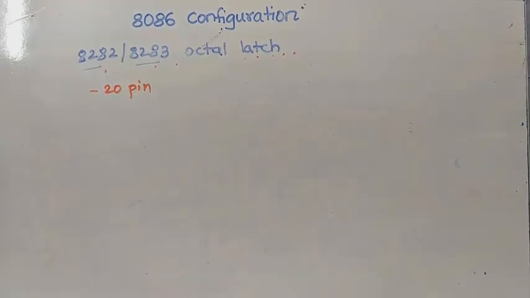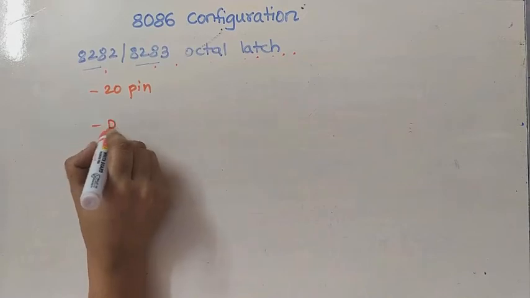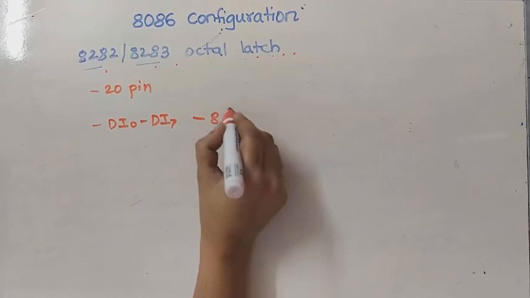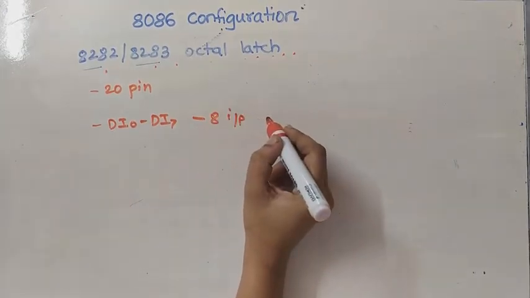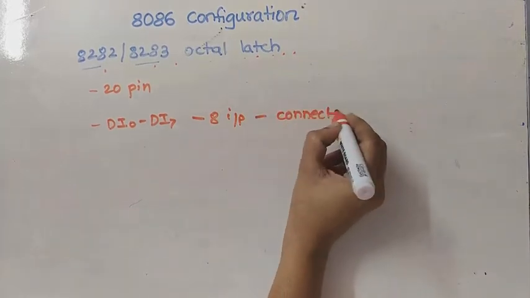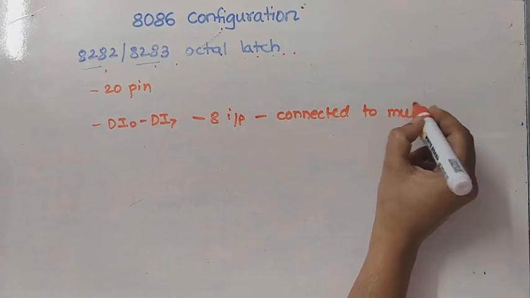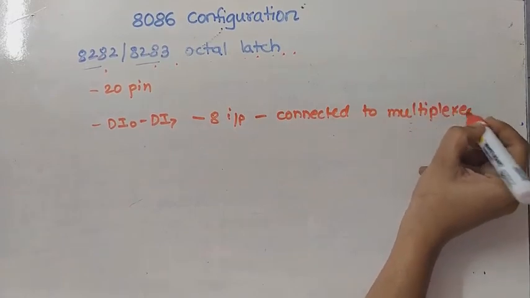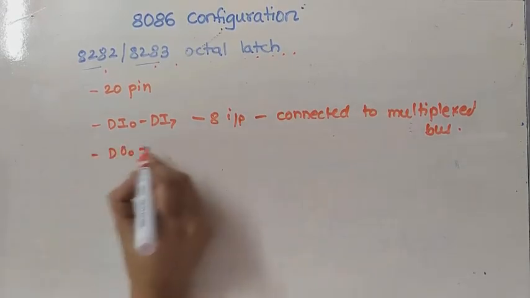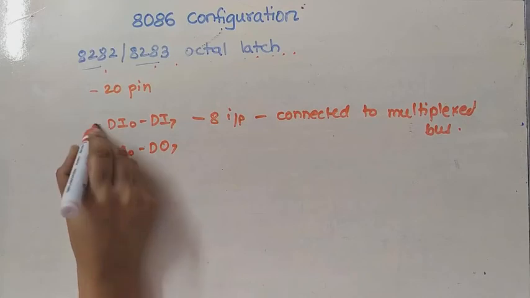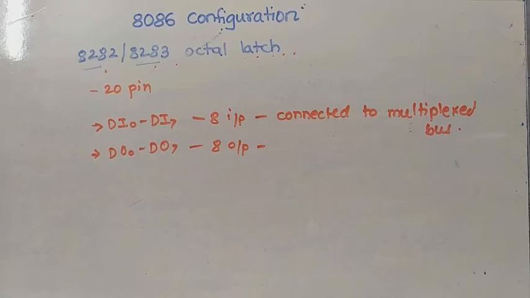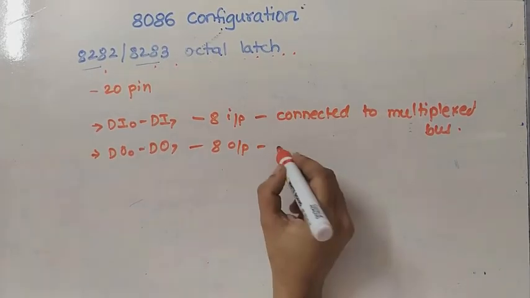The pins we will see in short: DI0 to DI7 are the 8 input pins, which are connected to the multiplexed bus. Next pins are DO0 to DO7. These are the 8 output pins of this IC, and they produce the latched address.